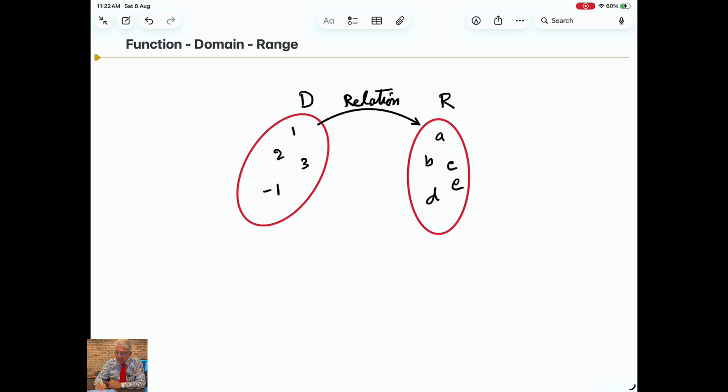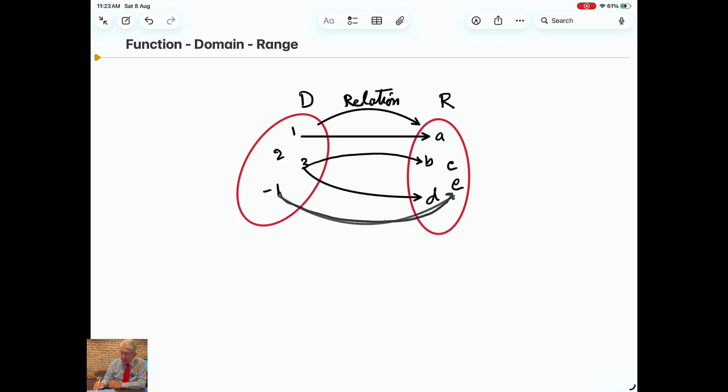Suppose 1 is mapped to A, and 3 mapped to B, and also 3 mapped to D, and -1 has mapped to E. And 2 is mapped to C. And suppose -1 also mapped to D.